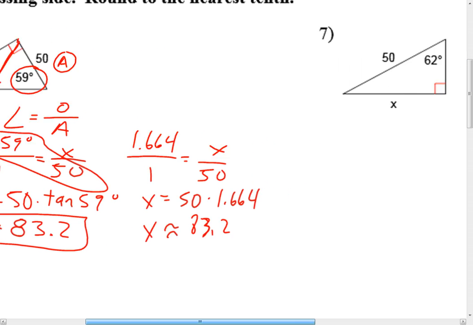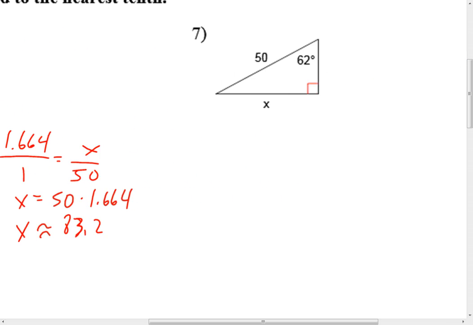Number 7. What am I pointing at? That's the hypotenuse. Did you label it as the hypotenuse? Did you label x as the opposite side? O and H is called sine.